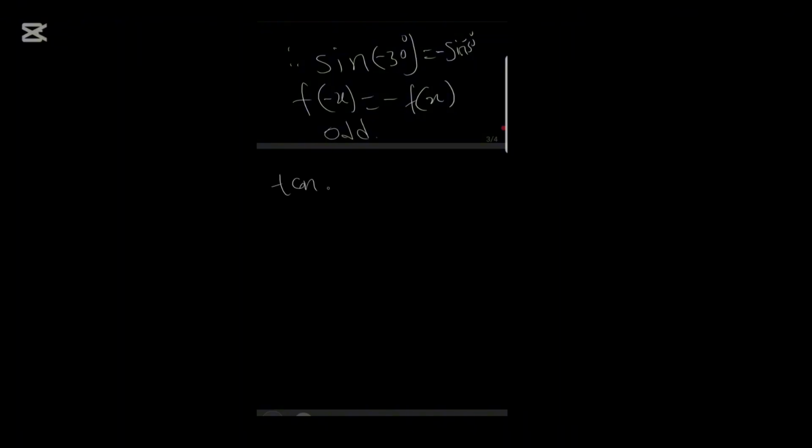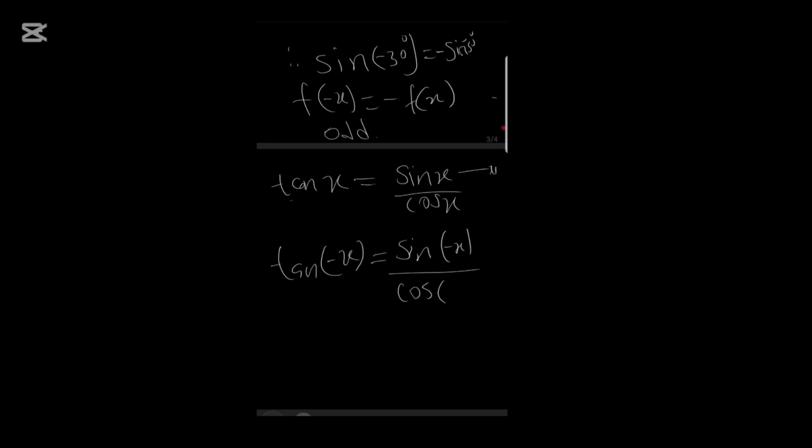So by the agreement that sine is odd and cos is even, if you can remember, tan of an angle is nothing but sine of that angle over cos of that angle. Which means whenever we have tan of minus x, it will just be sine of minus x over cos of minus x, because whatever is here must be the same as what will be here.